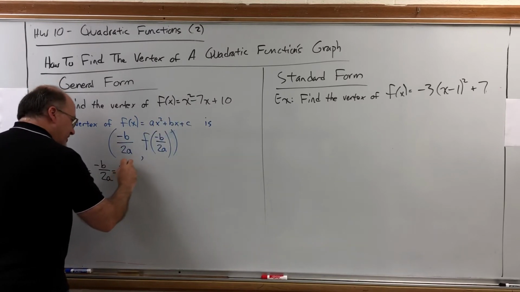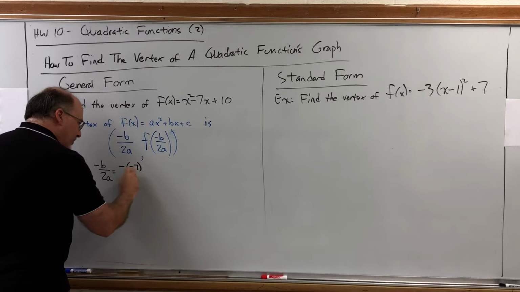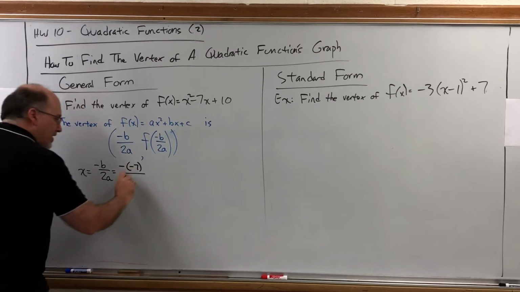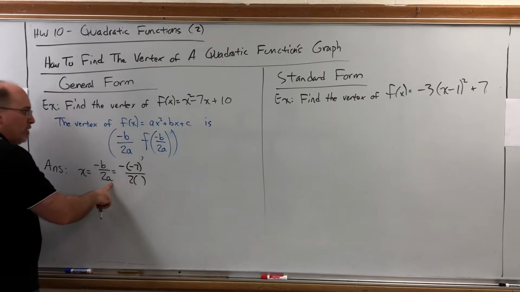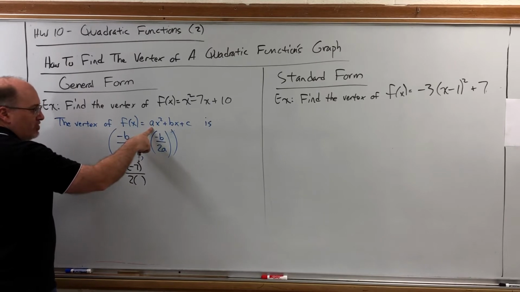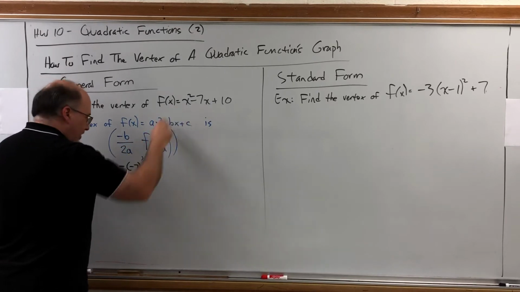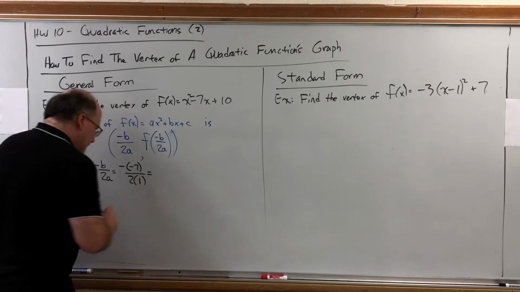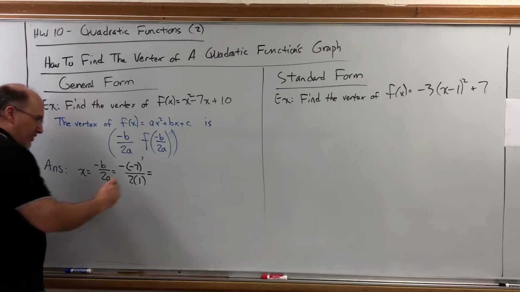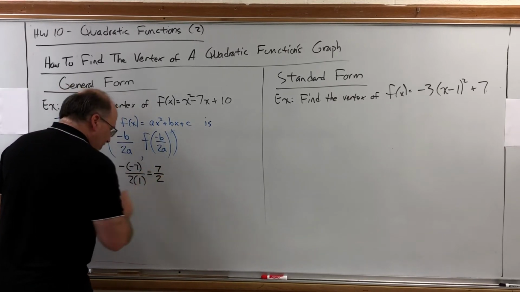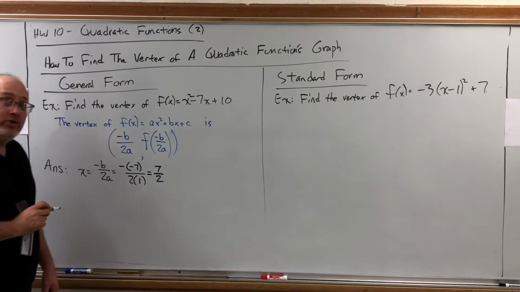So we're going to take the negative of negative 7. That will become positive. And on the bottom, we do 2 times the a, which represents the coefficient of the x squared. A is 1. So we have 7 on top, 2 on bottom, and that fraction won't reduce.